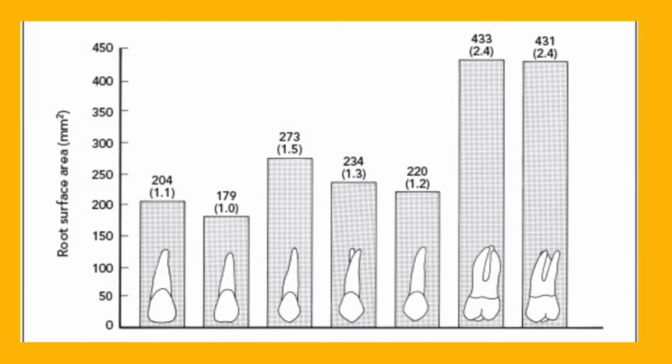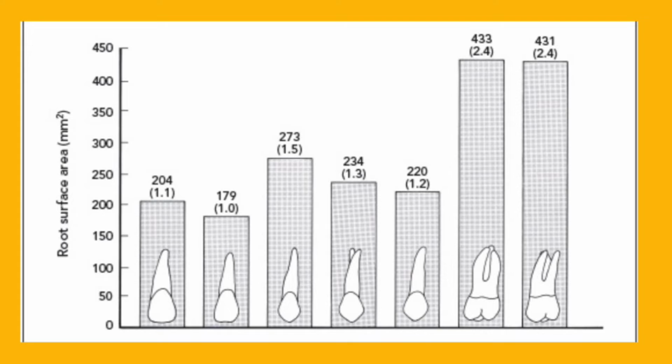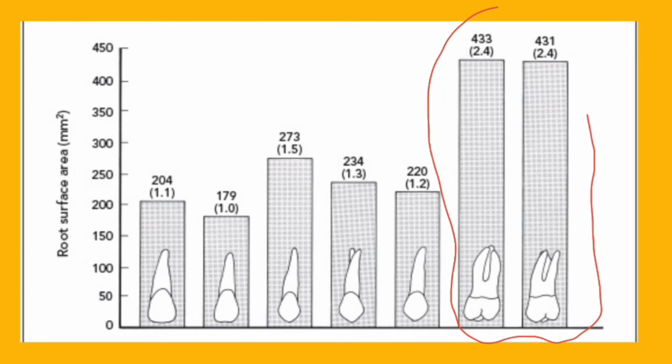But it is very important to at least know the teeth with the largest periodontal ligament area. Here you can see in the maxilla, the largest area is for your maxillary first and second molar. That is 433 and 431 in value. And 433 millimeter square.